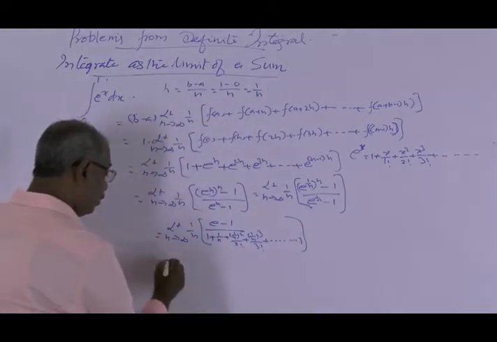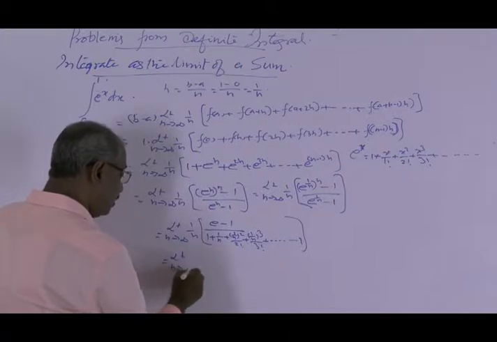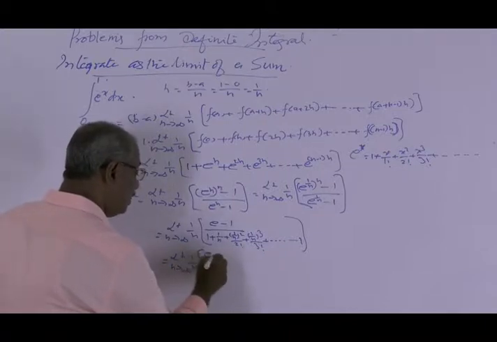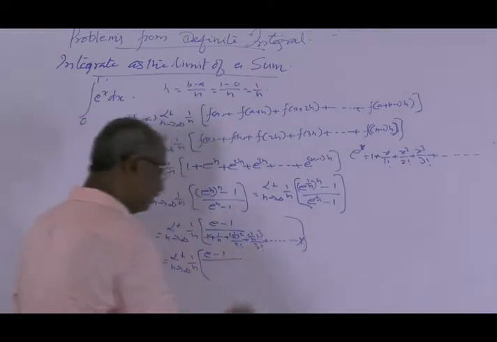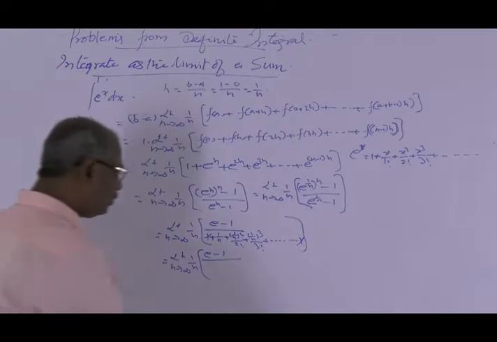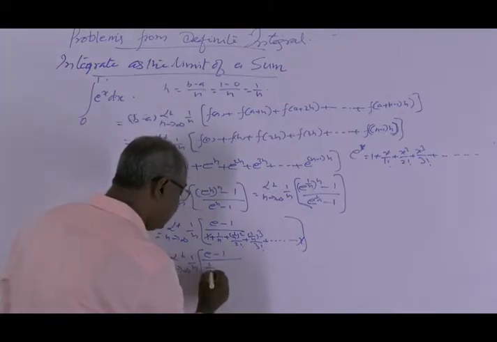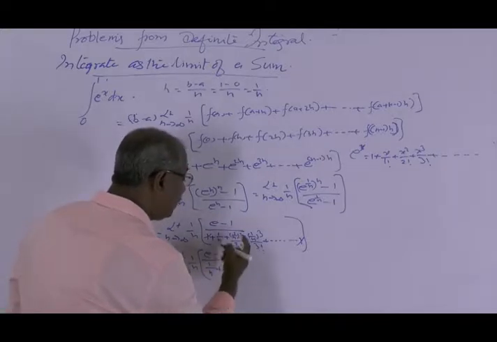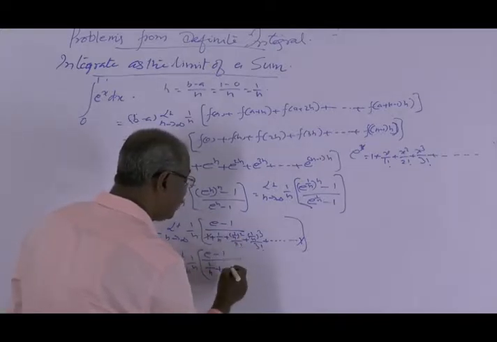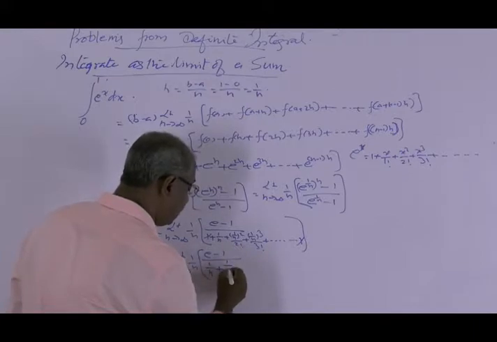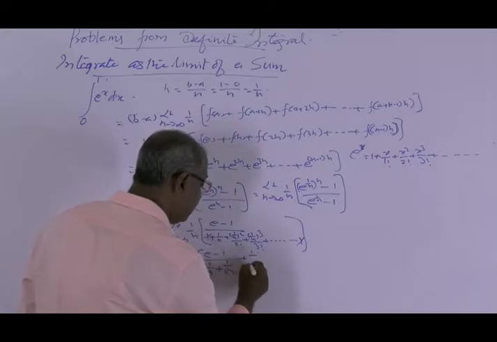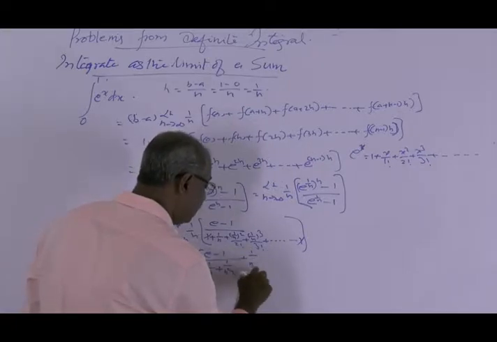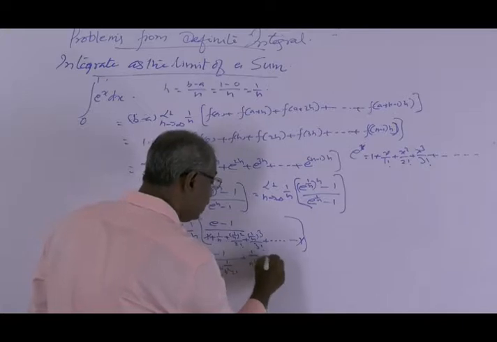And this is again equal to limit n tends to infinity 1 by n into (e minus 1) divided by this, where the plus 1 and the minus 1 get cancelled. So this is equal to 1 by n plus 1 by (n squared into 2 factorial) plus 1 by (n cubed into 3 factorial) plus etc. to infinity.